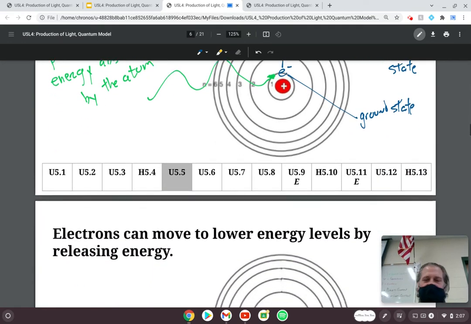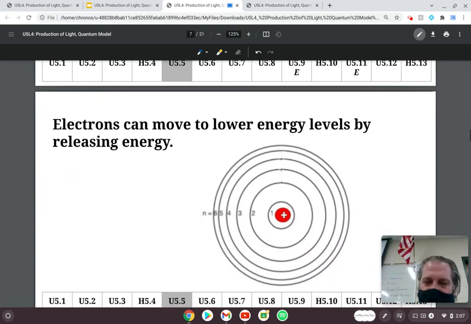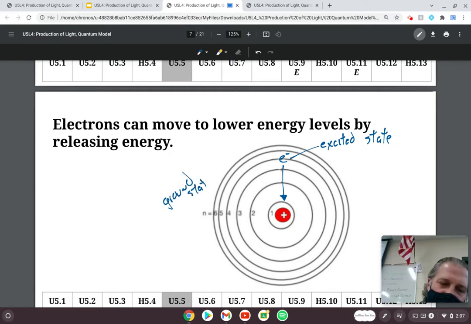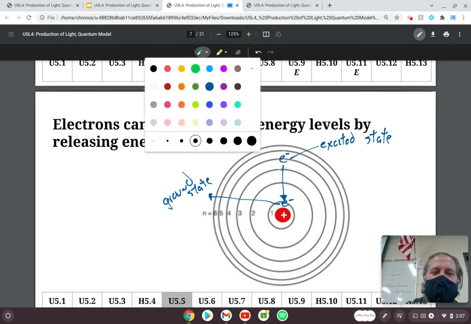So electrons that are in their excited state fall back down to their ground state, and when they fall back down to their ground state, they happen to emit the same amount of energy that they originally absorbed.